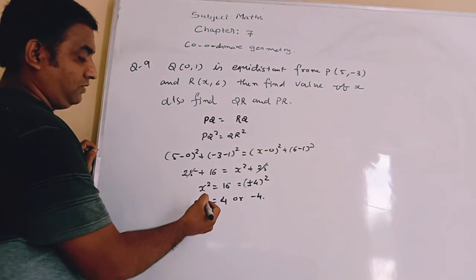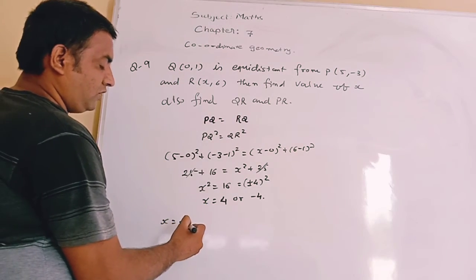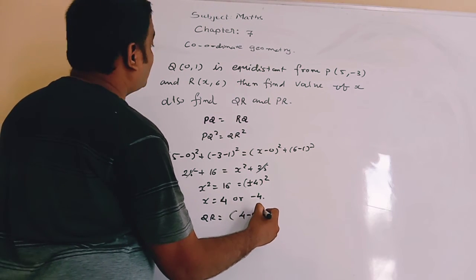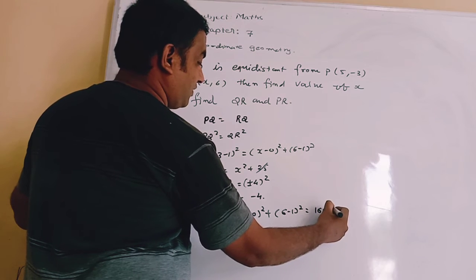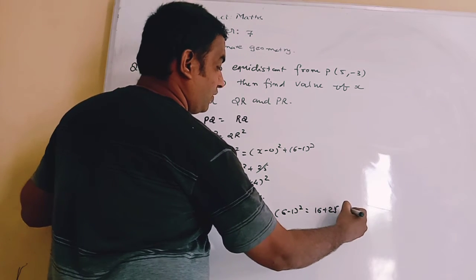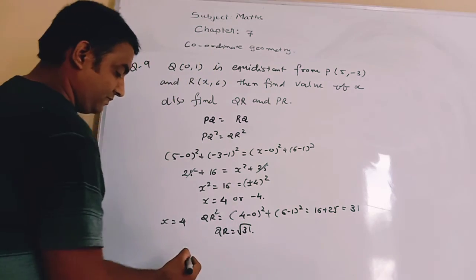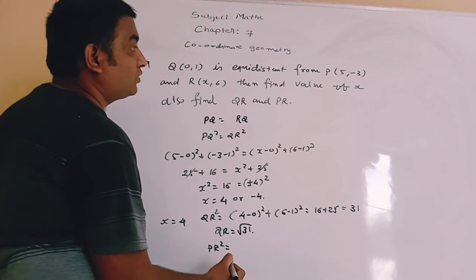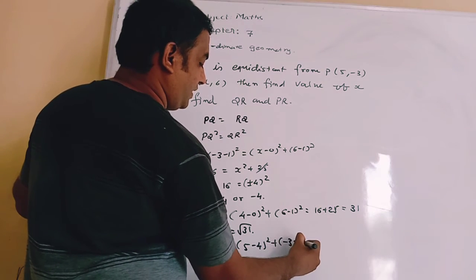Now we calculate the QR distance. So if x equals 4, then QR square equals (4 - 0) square plus (6 - 1) square, that is 16 plus 25, which is 41, and so QR equals root 41. And the PR distance will be, so PR square equals (5 - 4) square plus (-3 - 6) square.